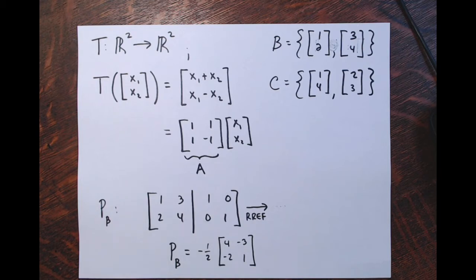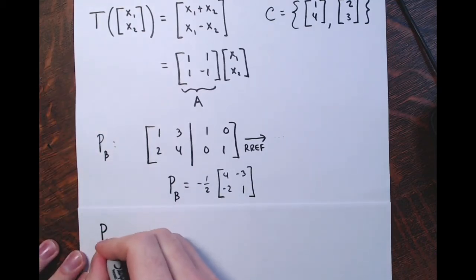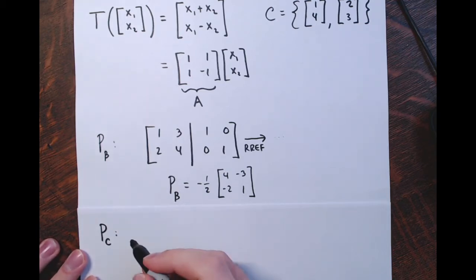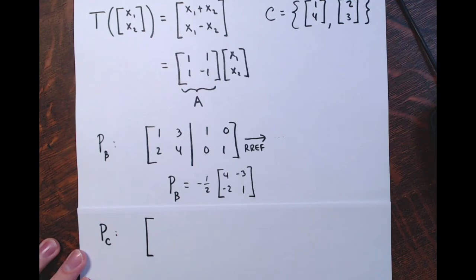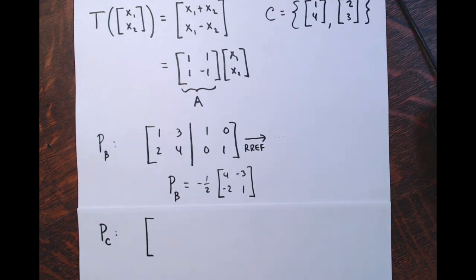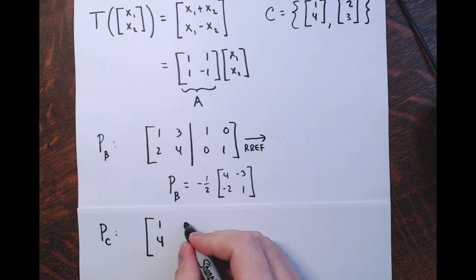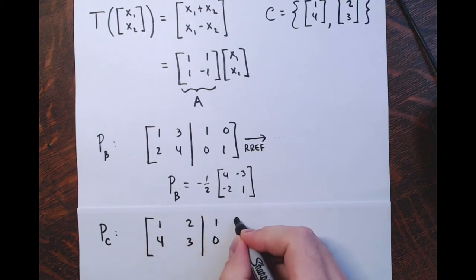And the same thing would go for PC. Same thing would go for PC. Transitioning from the standard basis for R2 to the coordinates of basis C. So I put the basis C vectors here, 1, 4, 2, 3, and the standard basis vectors here.